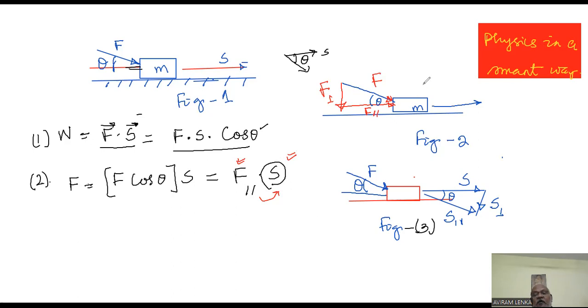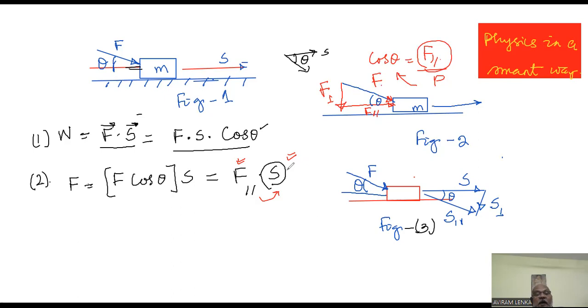Here in the diagram, you can clearly see, if you are aware of components since the time of scalar and vector, that cos theta equals F parallel by F. Cross multiplying, we can say that F parallel will be equal to F cos theta.